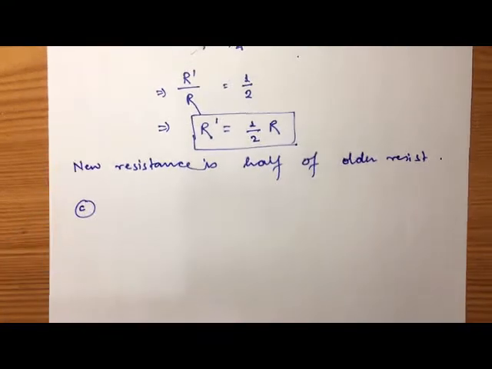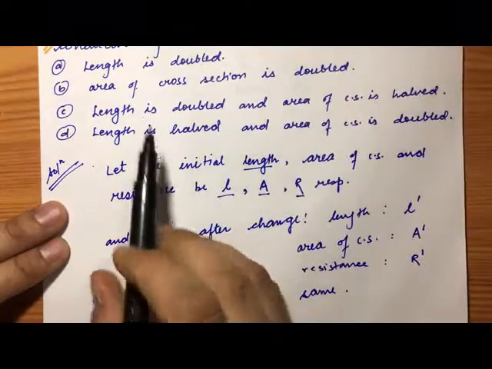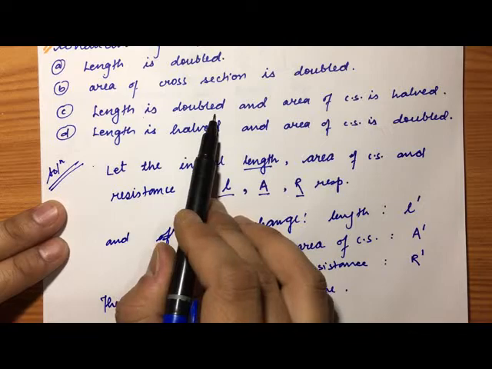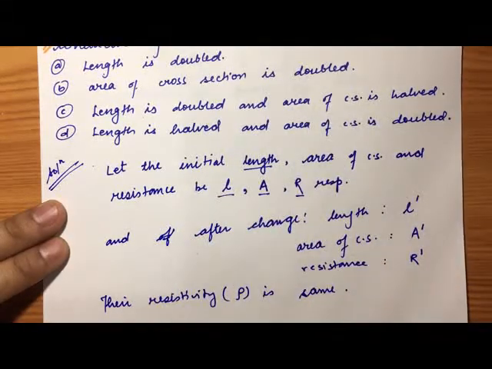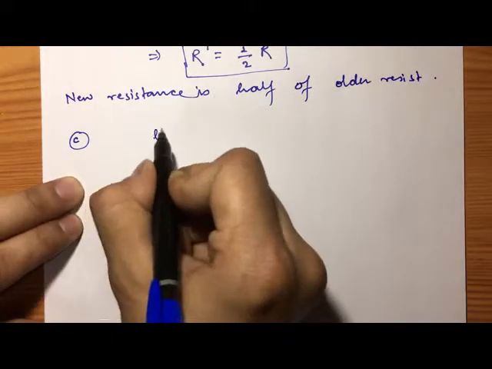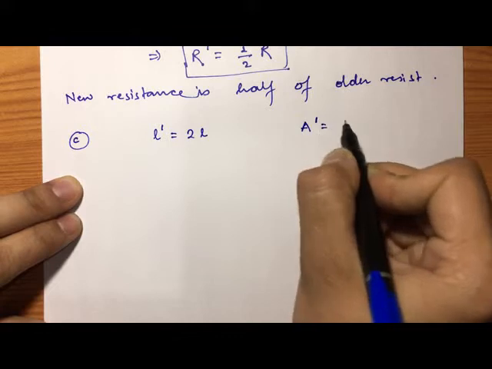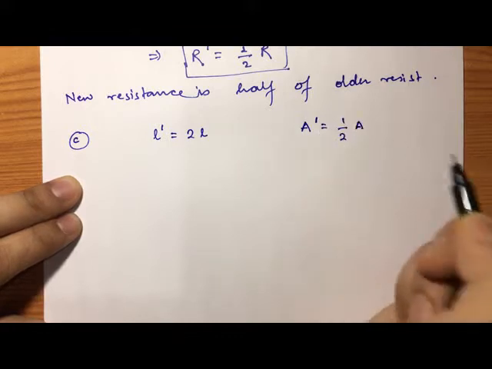Okay, now case C. Now from here the things are going to change. Okay, the question was length is doubled and area of cross section is halved. Okay, so length is doubled and area of cross section is halved.